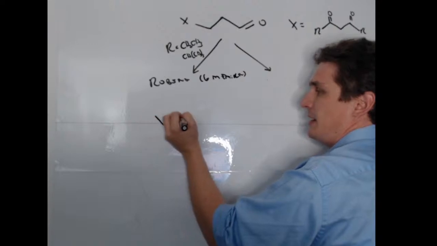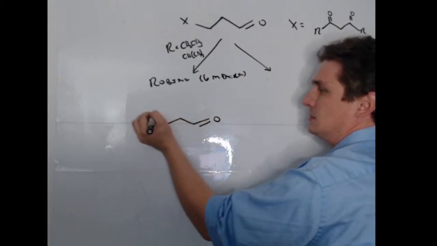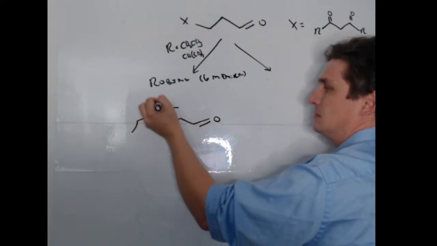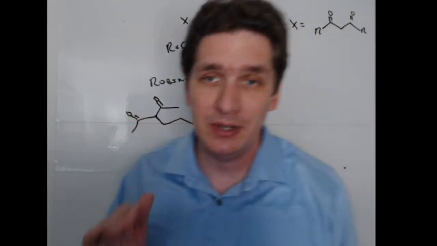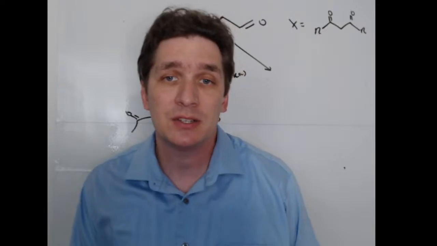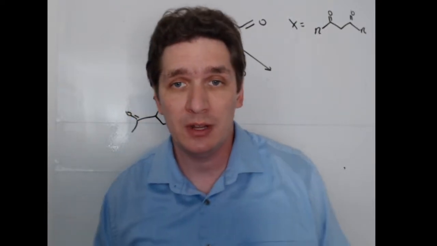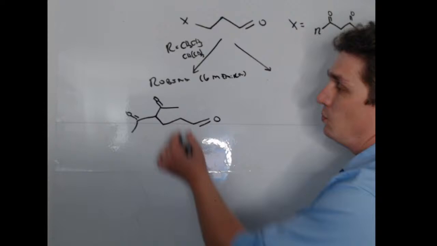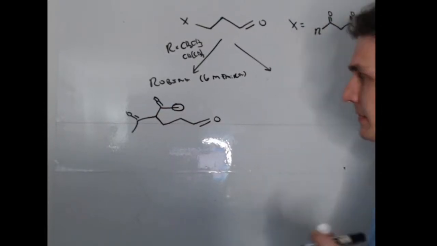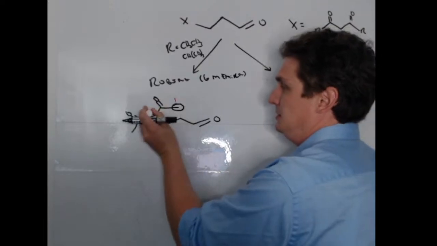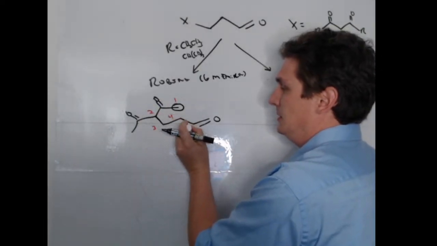So go ahead and start out by writing out your Michael product. And again, we're going to keep this simple. We're only going to stick to symmetric Michael reagents, so you only end up with one product. Start with one of the alpha carbons and start numbering it. 1, 2, 3, 4.